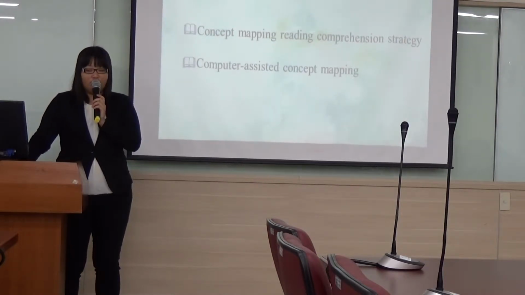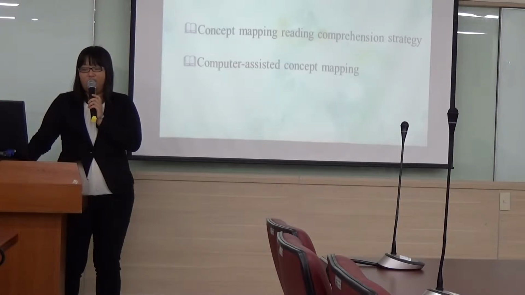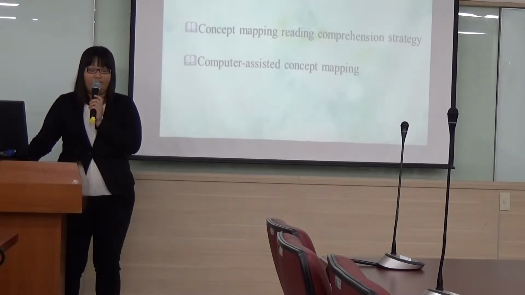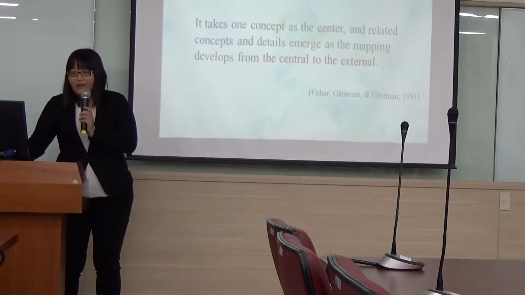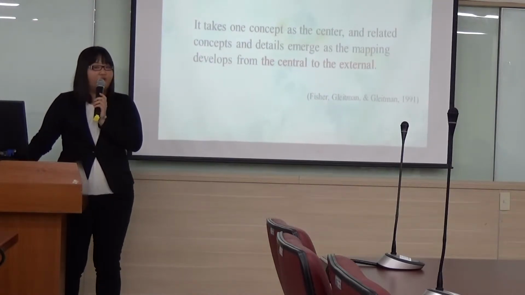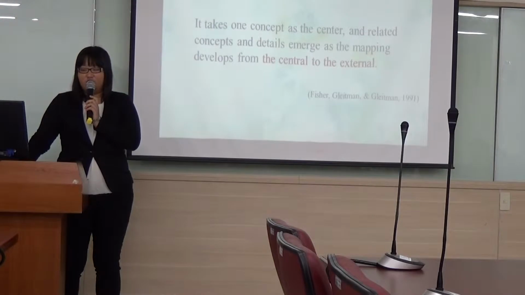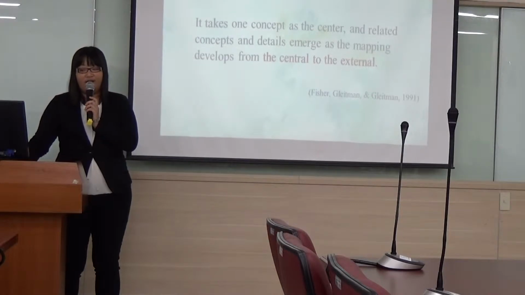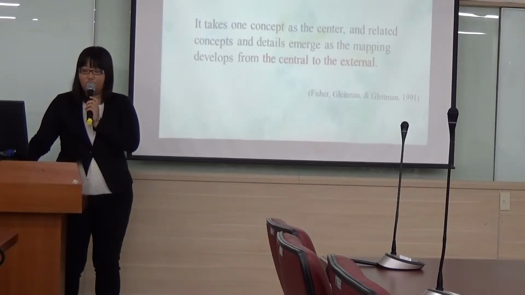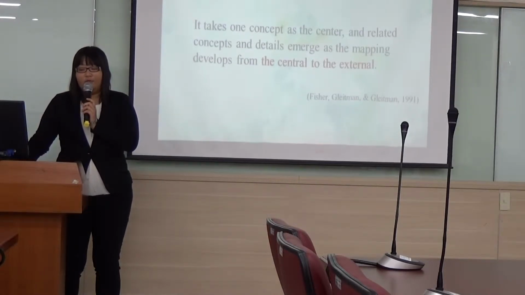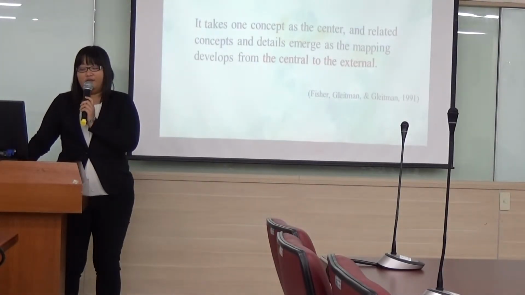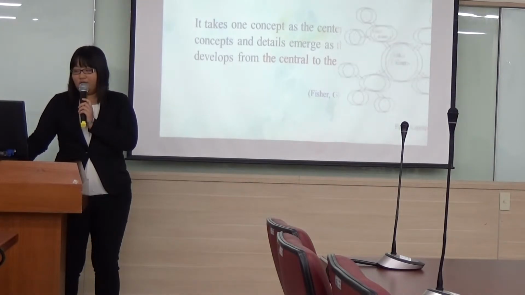Literature review includes the concept mapping reading comprehension strategy and computer-assisted concept mapping. Concept mapping reading comprehension strategy takes one concept as the center, and the related concepts and details emerge as the mapping develops from the center to the outside, like this.